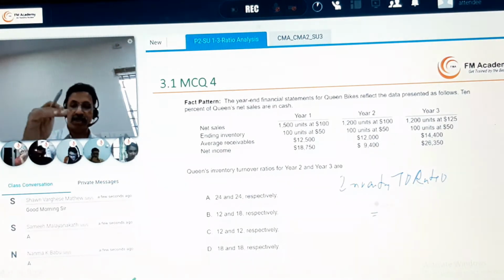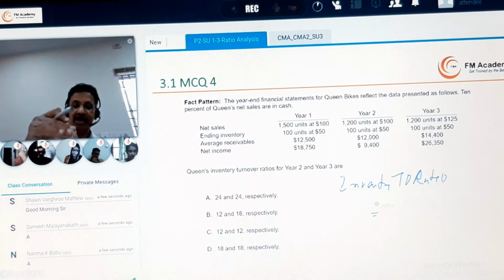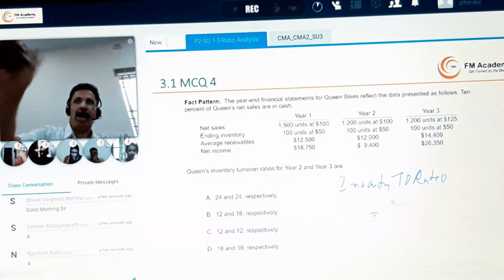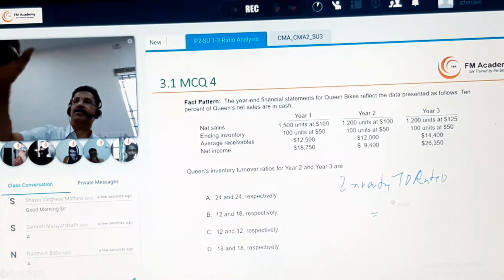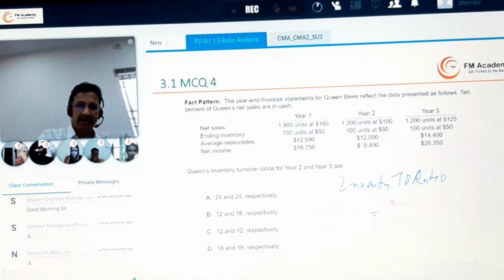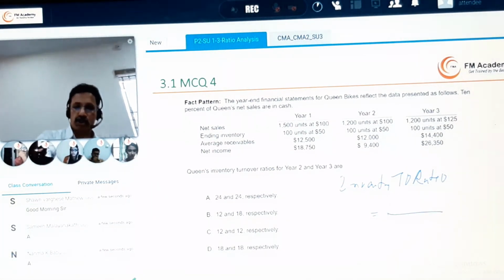But here you should really try to have a numerator denominator compatibility. As far as inventory in the denominator is concerned, the cost of goods aspect of the turnover is more appropriate, because both are stripped of the profit margin, right? So here cost of goods sold is the appropriate measure of turnover and average inventory.